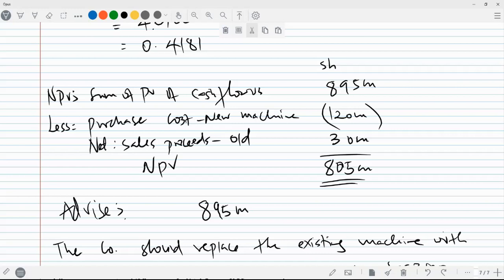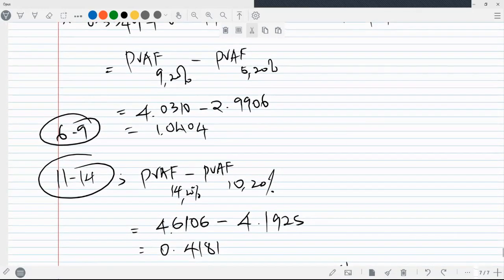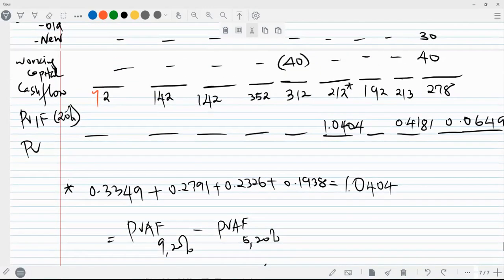And where did you get the values which have a star? From the working here. There are some values, 0.33 plus 0.279.